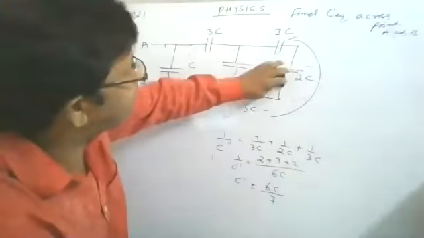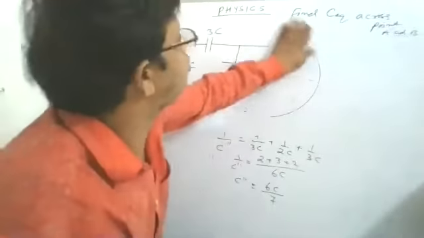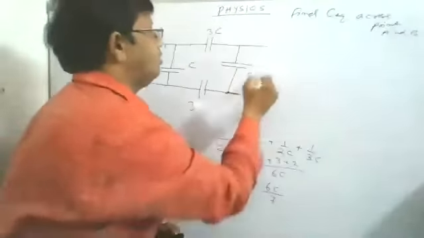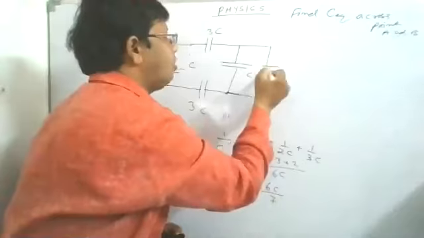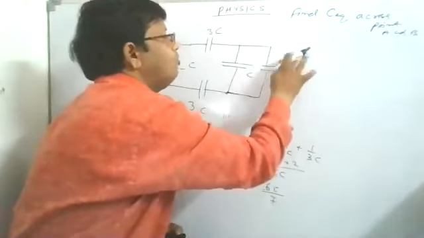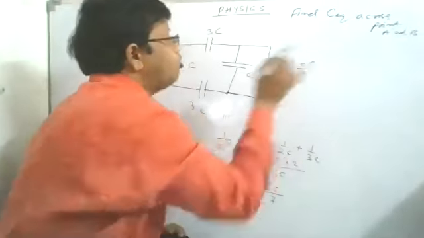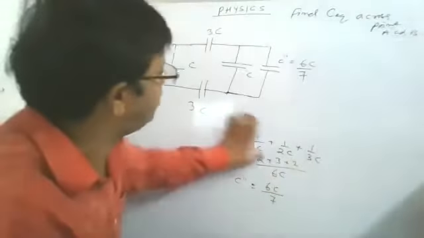Now you rub this one, and in the next step you write 6C upon 7. The equivalent capacitance of these three is C double dash, which equals 6C upon 7.